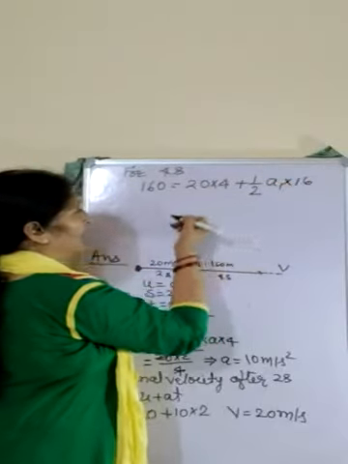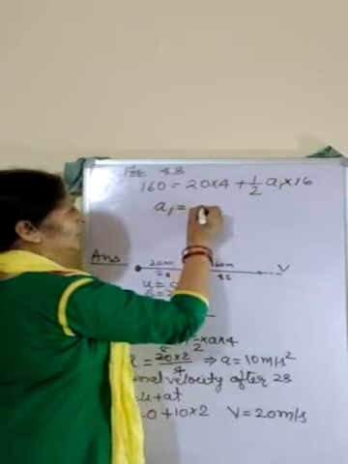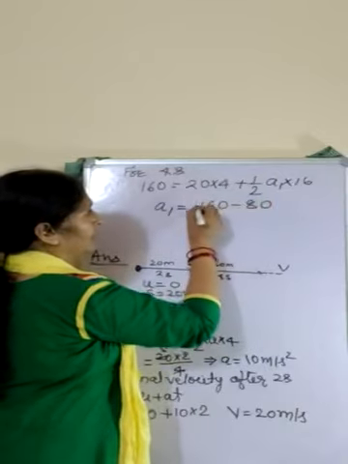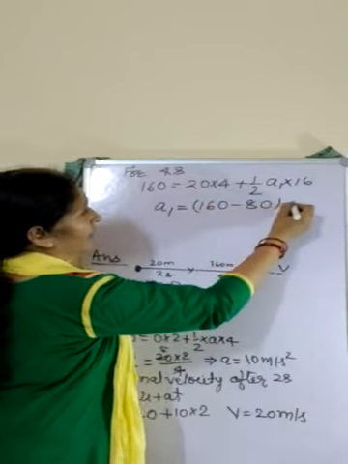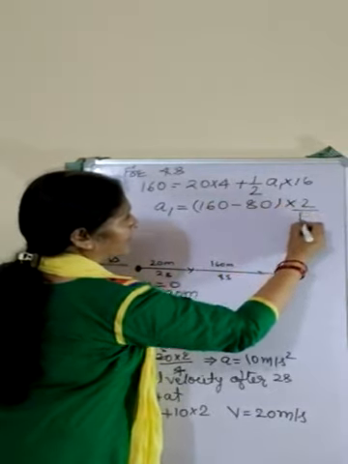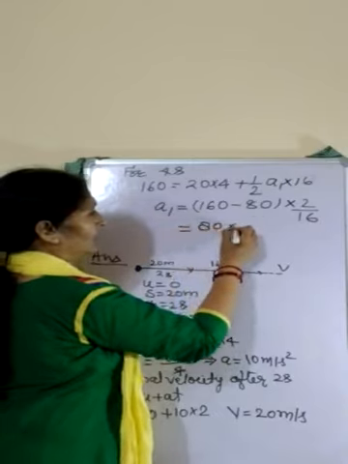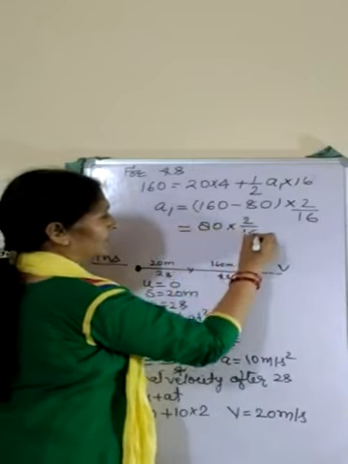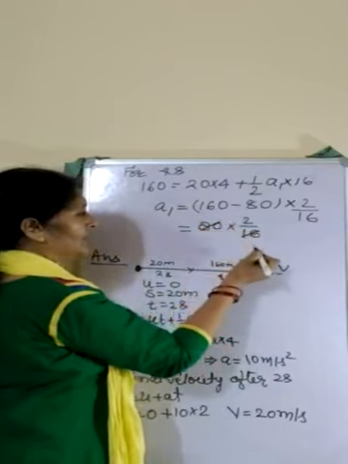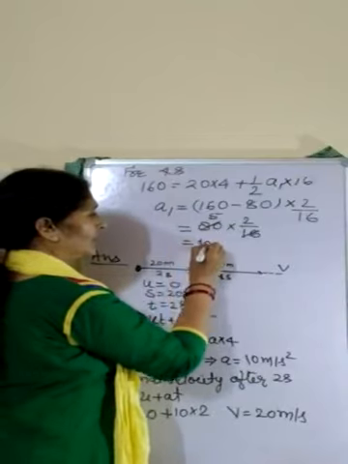In this case a1 will be equal to 160 minus 80 into 2 by 16, 80 into 2 by 16, and this is equal to 10 meter per second square.